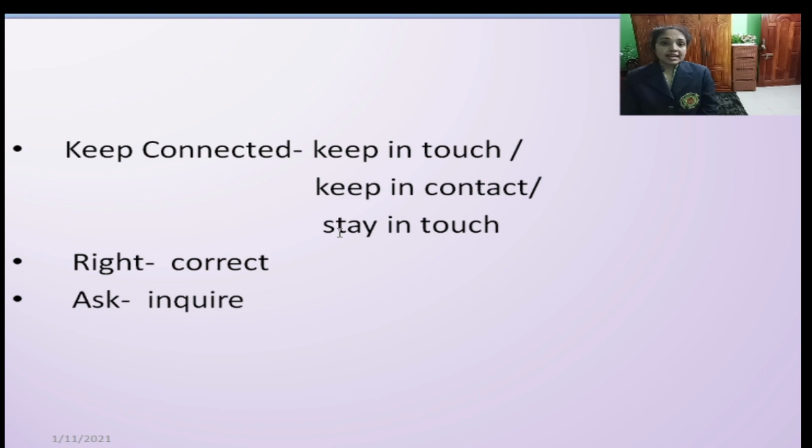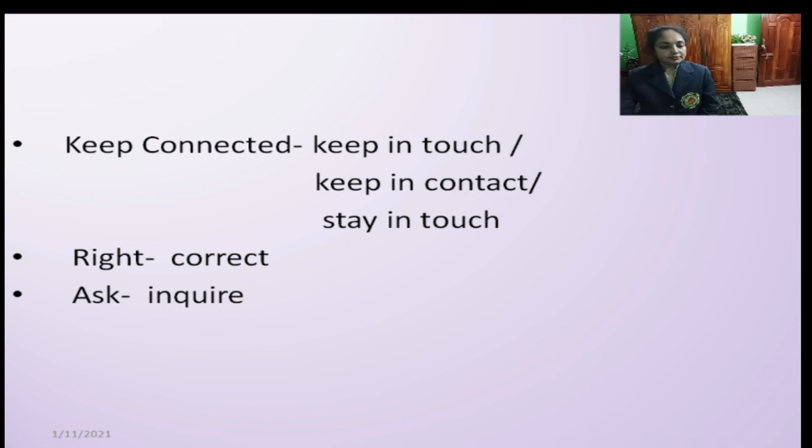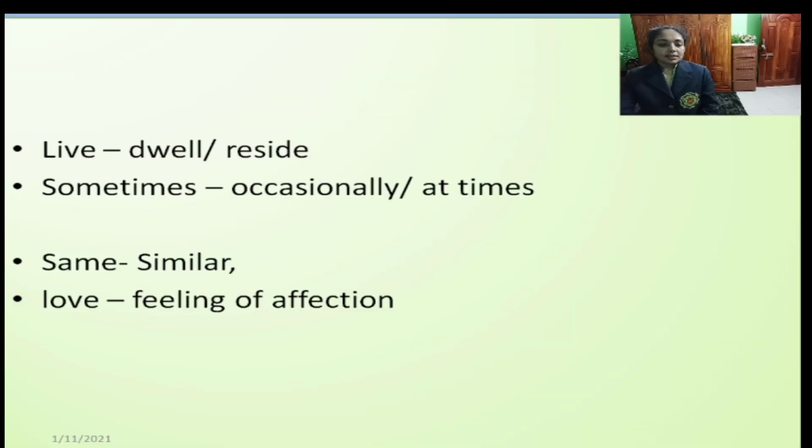Next word is right, correct. Ask, inquire. Live, dwell, or reside.